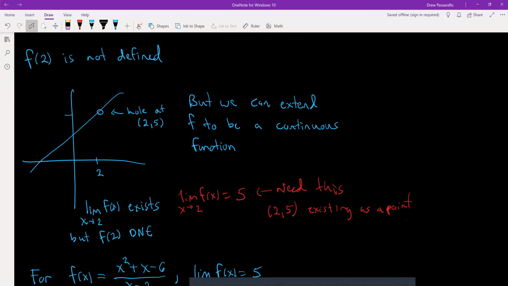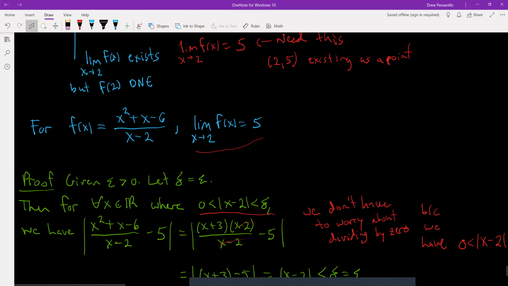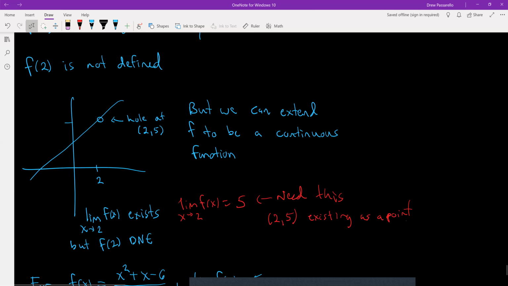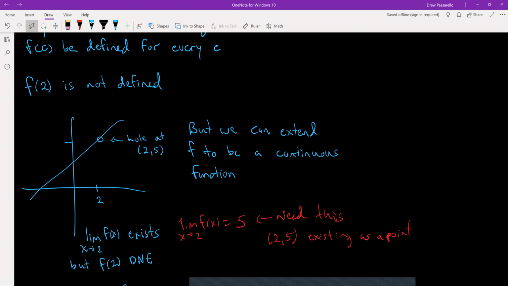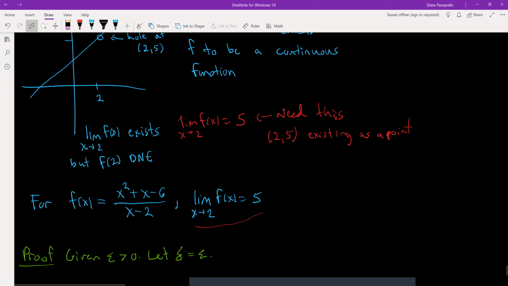It wasn't continuous there because there's a hole, meaning that f of 2 is not defined. But the limit did exist. The limit was 5. I proved that the limit was 5, this in green. And then we changed it so that we enclosed this hole by creating a new function called capital F of x.